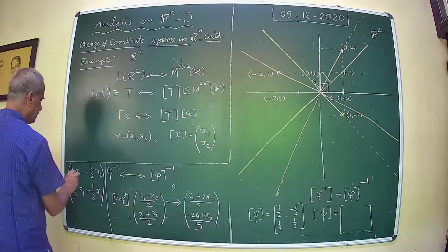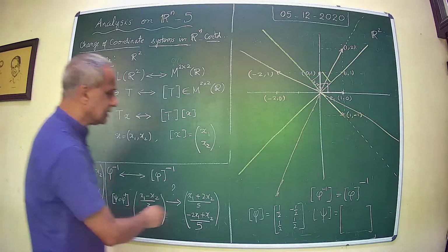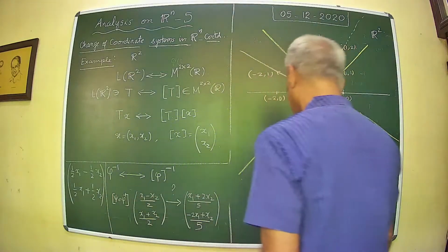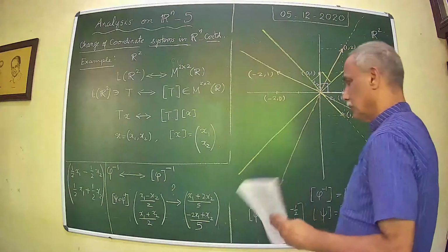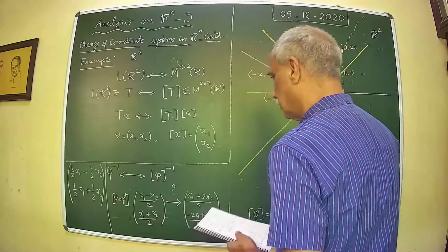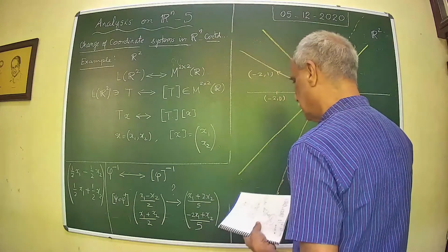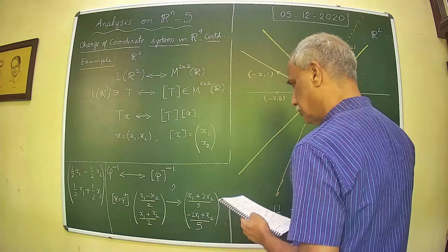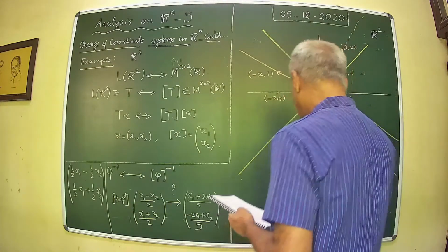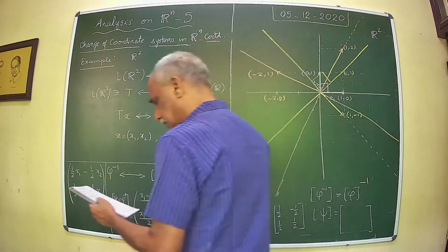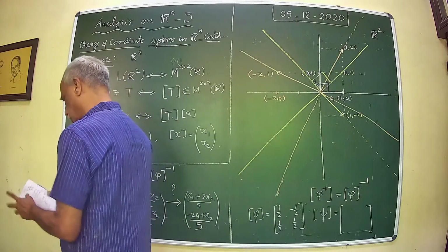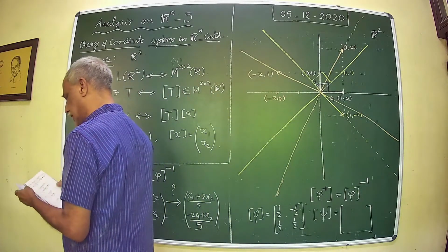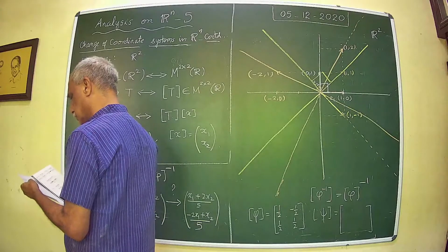You see that half, minus half appears here and half appears here. So this is the connection that you get.